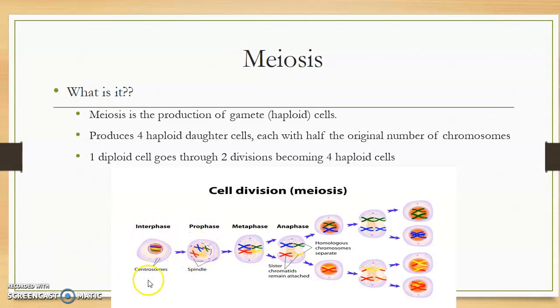So this will be the original cell here, which is in interphase. It doubles its DNA, and you end up with your sister chromatids here. So this would now be a diploid cell, 2N, and it's going to go through the first phase of meiosis, and what you're going to end up with is 2 new cells.